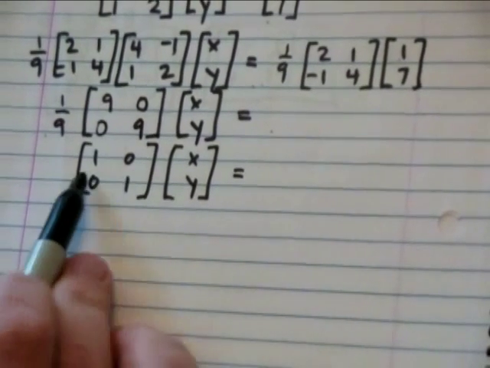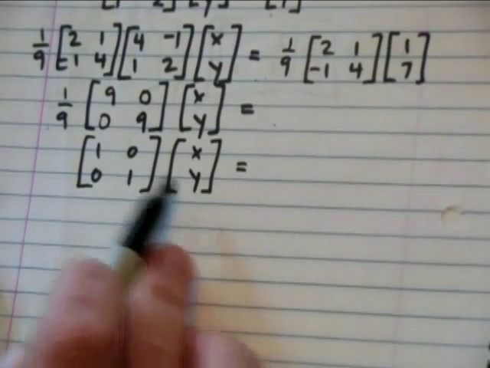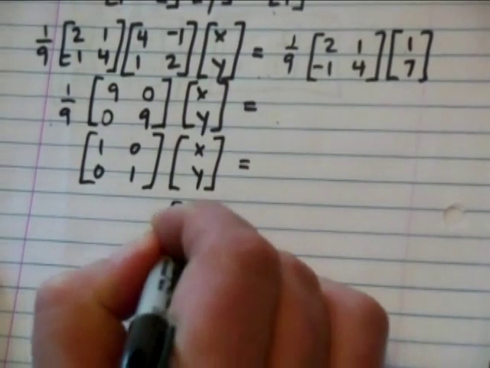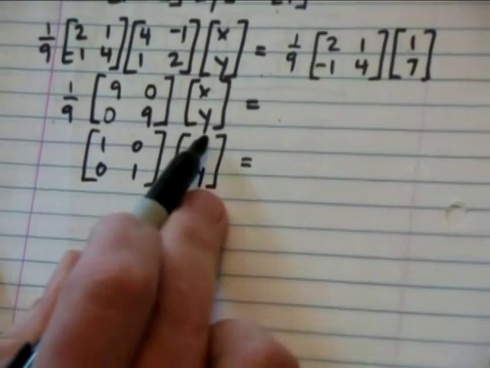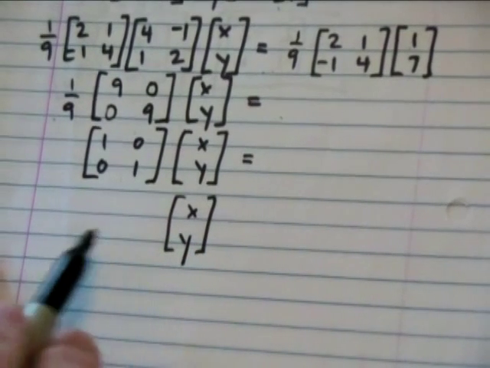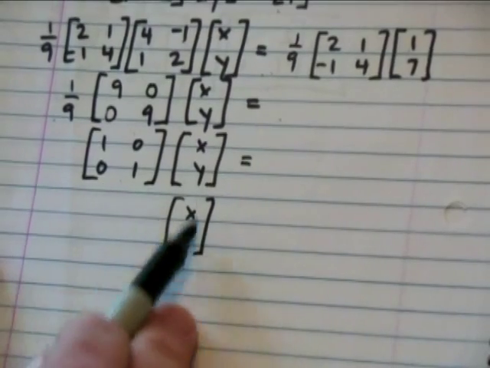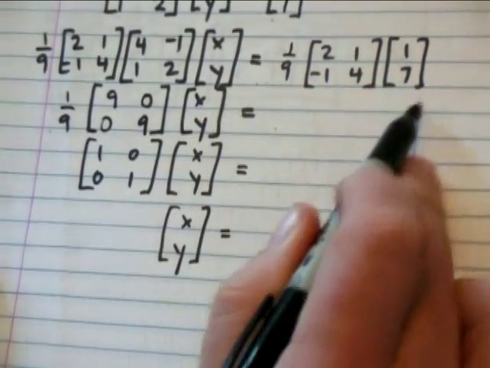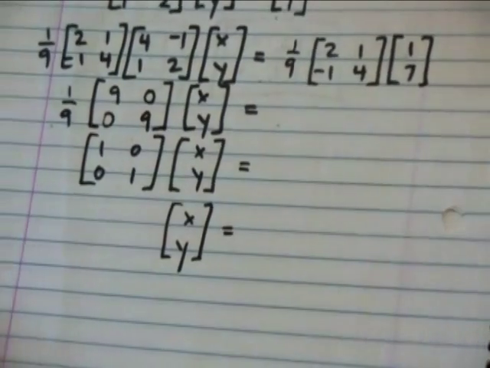The beautiful thing about that is if you multiply these two things together now, 1, 0 times x, y: 1 times x is x, 0 times y is 0, add them together and you get x. Then this bottom row times this, 0 times x is 0, plus 1 times y is y. So notice the identity matrix is kind of like multiplying a number by 1. It doesn't change the other part. So if I do all of the math on this side then, that will give me the answer to this system of equations we were given.